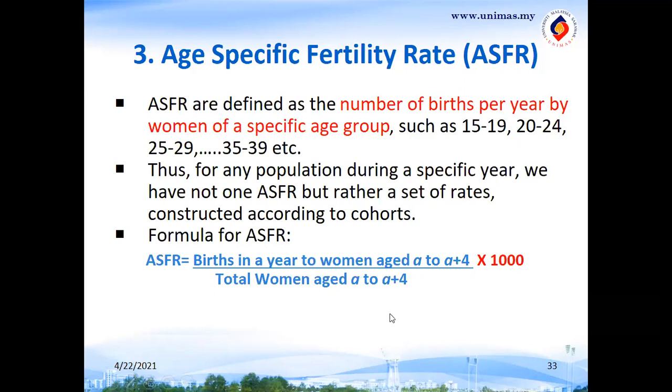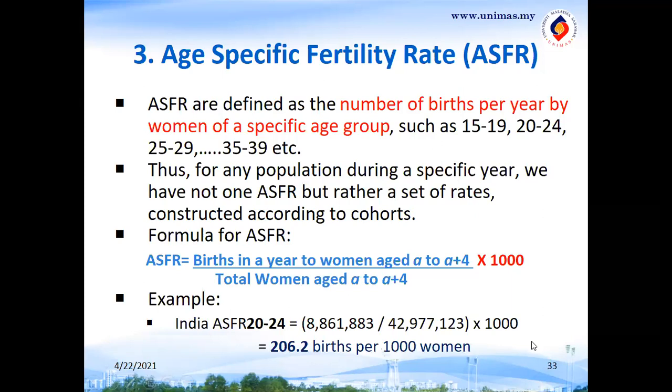And then divide that by the total number of women in that particular age group. So it is specific to that group, fertility with respect to that age group. And don't forget to also multiply by 1000. So we're talking about per 1000 women in that particular age group. And that's why it's called age-specific fertility rate.